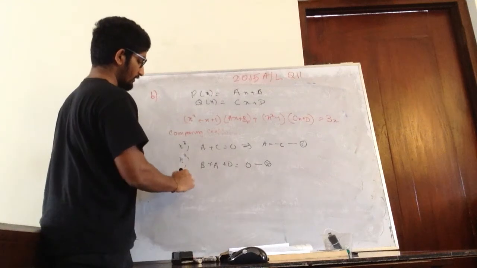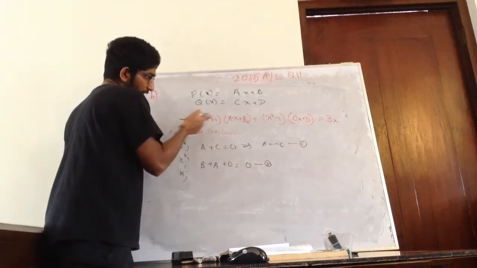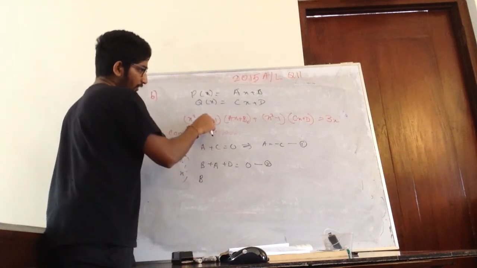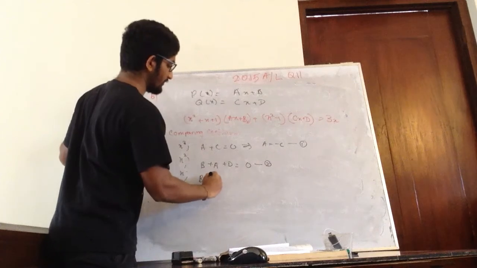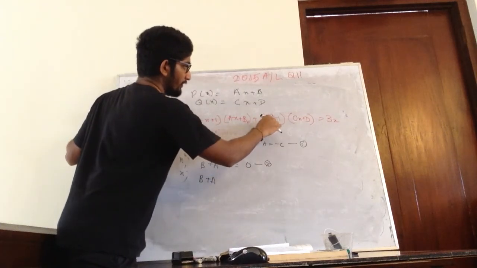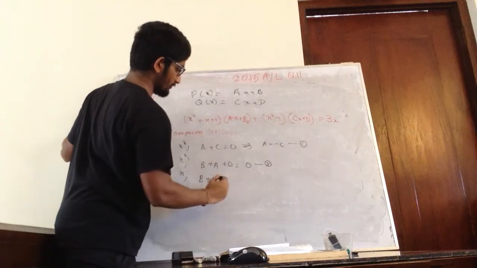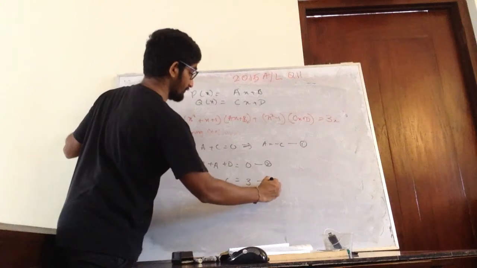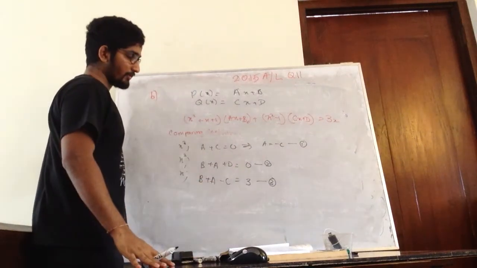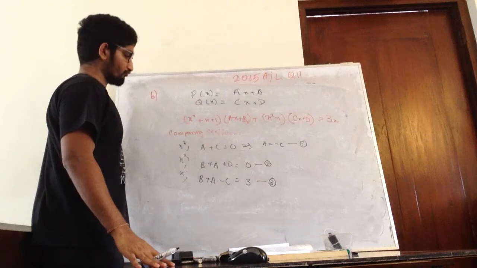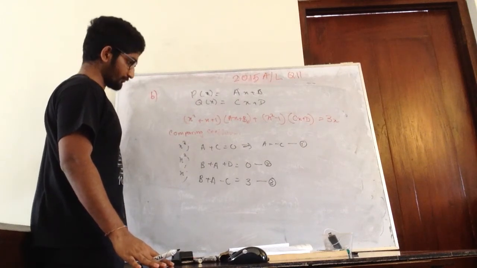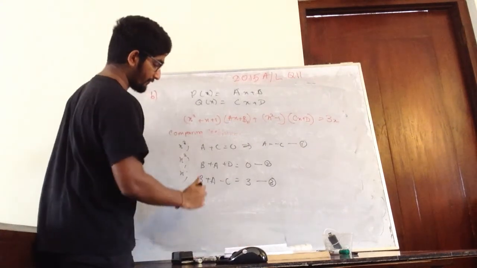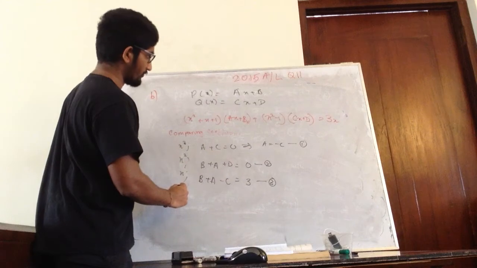Then x. x will come from x into B, that means B is there. Then 1 into A, that means A is there. Then minus 1 into C, minus C is there. That is going to be equal to 3. Then we have the constant.